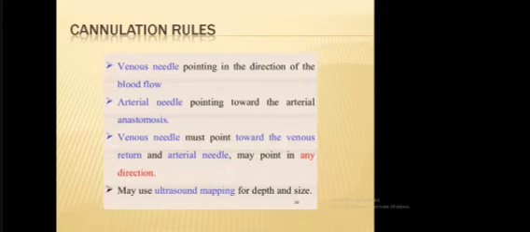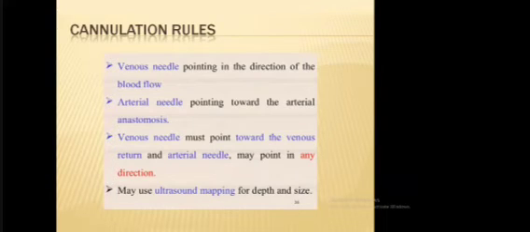The rules of cannulation: the venous needle points in the direction of the blood flow, and the arterial needle points towards the arterial anastomosis. Another point is that the venous needle must point towards the venous return, and the arterial needle may point in any direction.